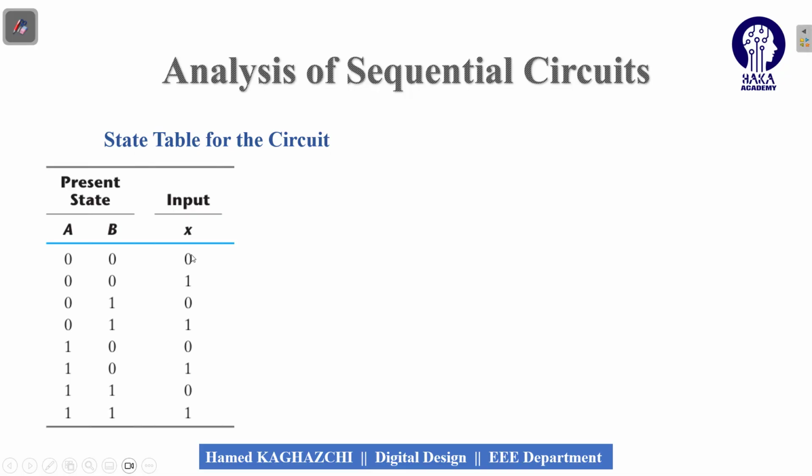For input 0, the present state of the flip-flops can be 0 0. For input 1, also the present state of the flip-flops can be 0 0. Similarly, when input is 0 and the flip-flop state is 0 1, what will happen?